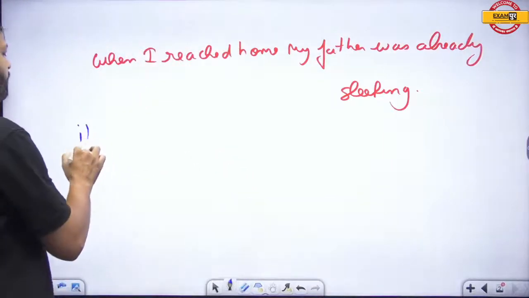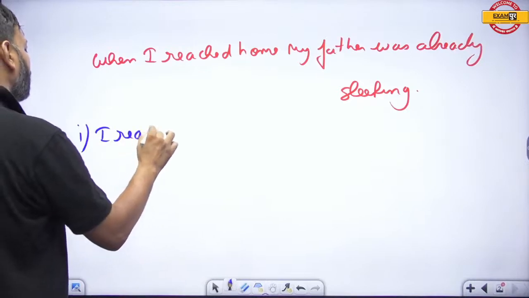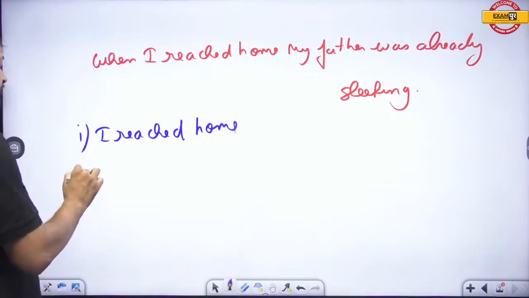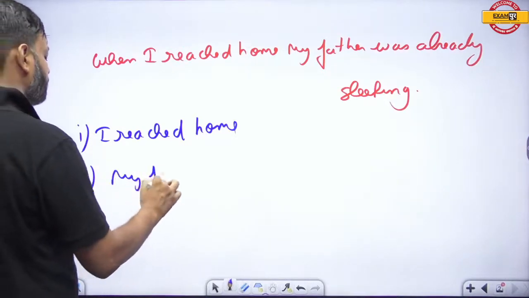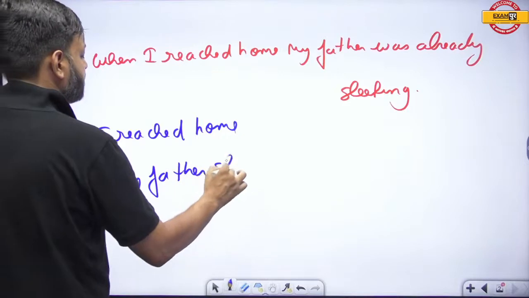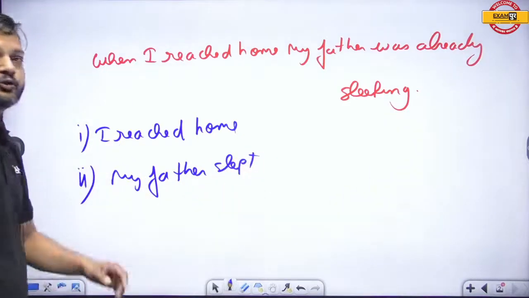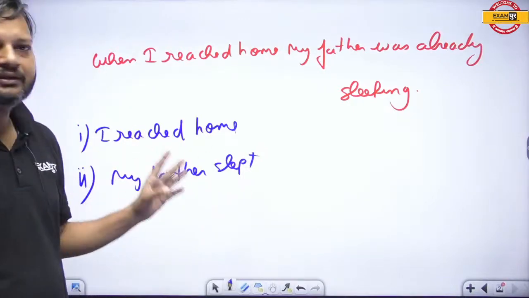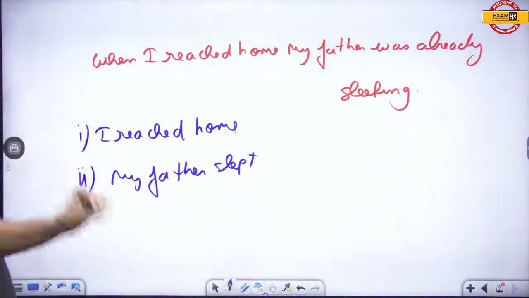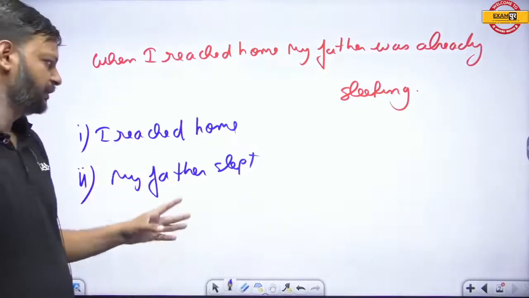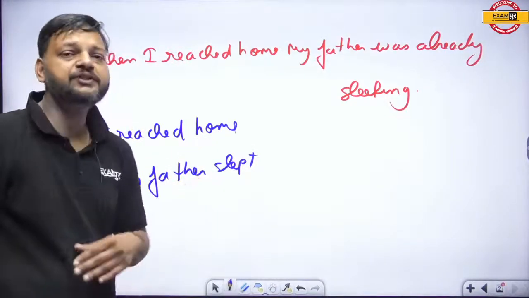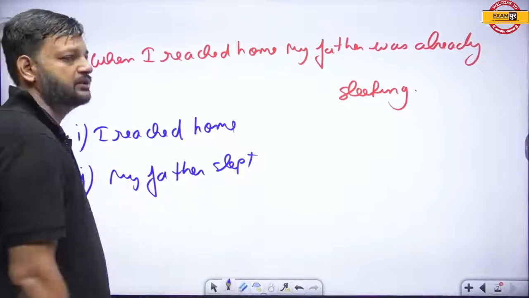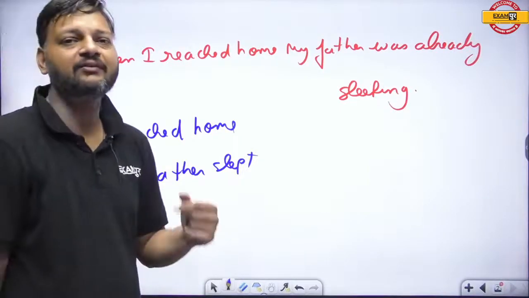First event, I reached home, and second event, my father slept. There are two events of past, right? Out of these two events, which one happened first? I reached home first, or my father slept first?